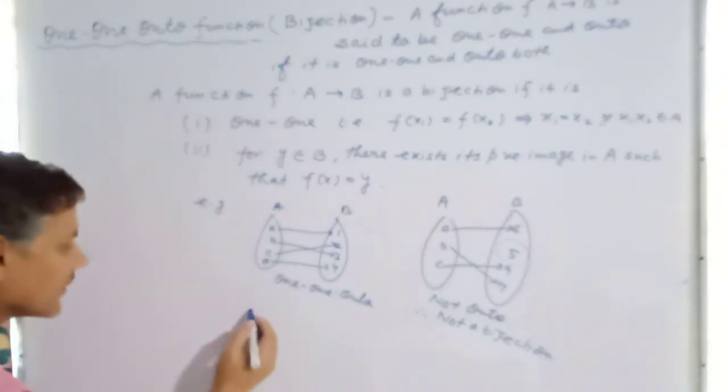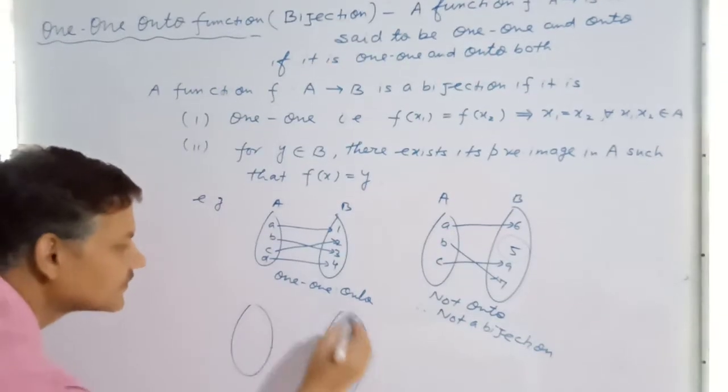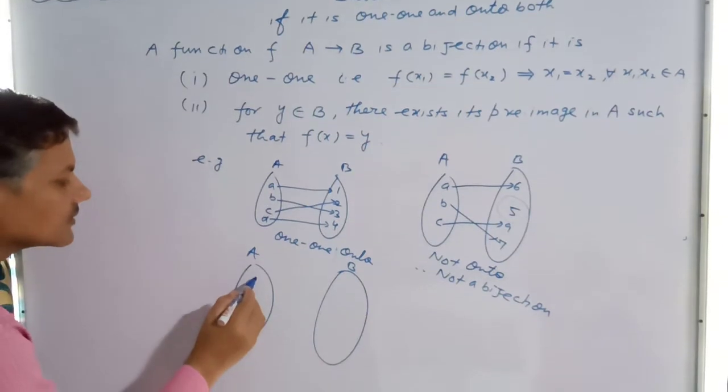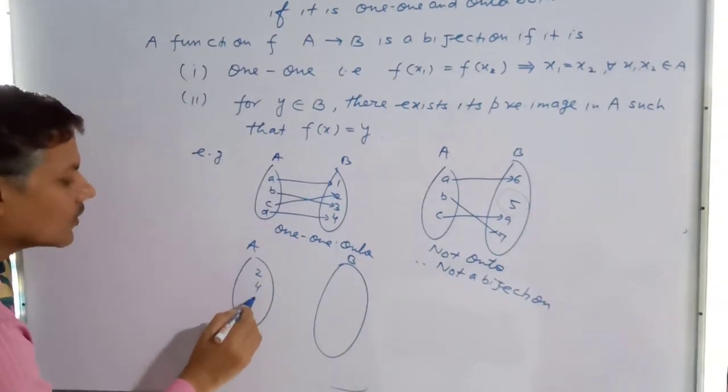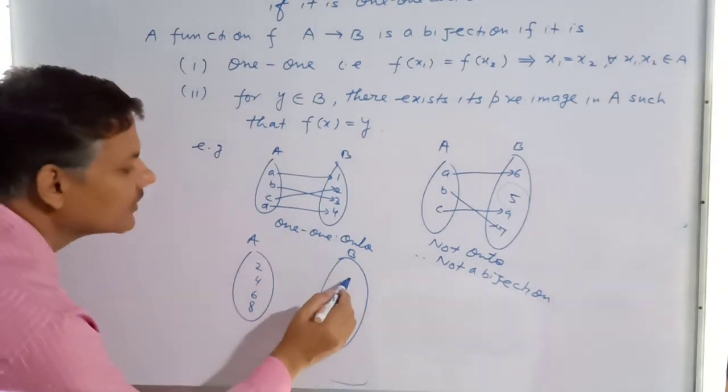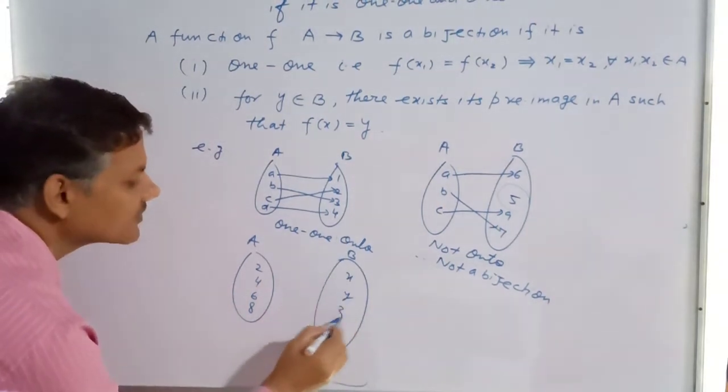Next example, if we take this function, A is 2, 4, 6, 8 and B is x, y, z.